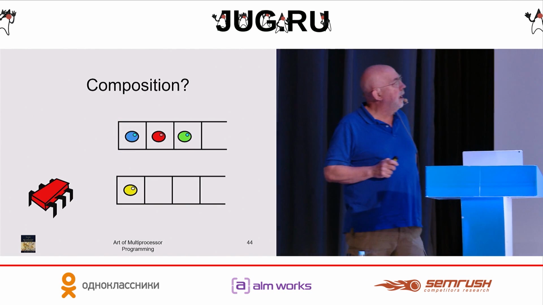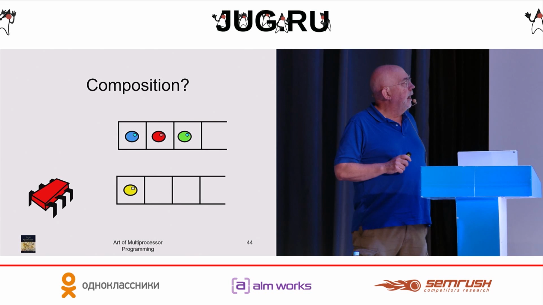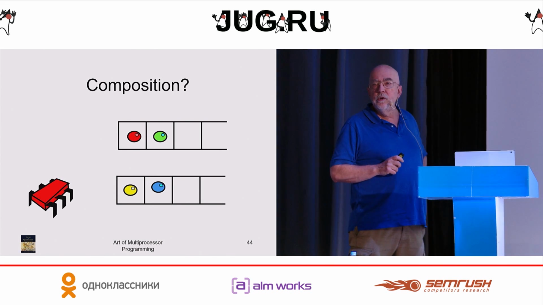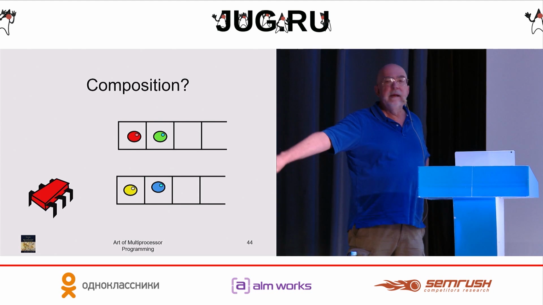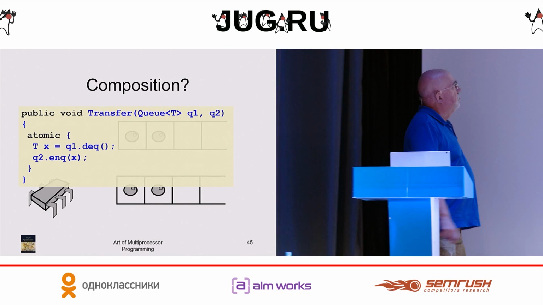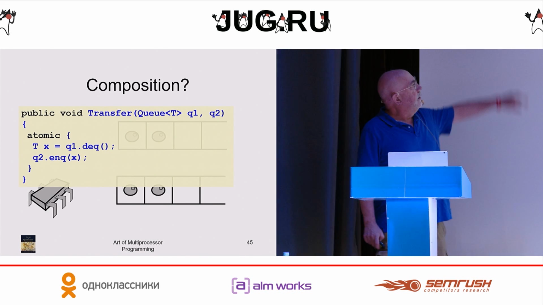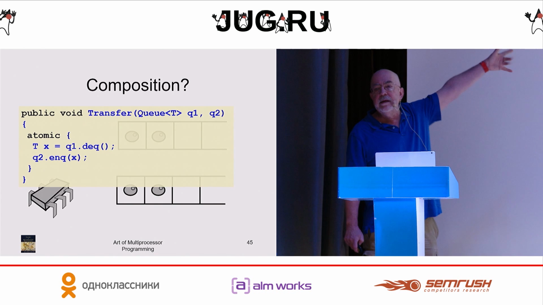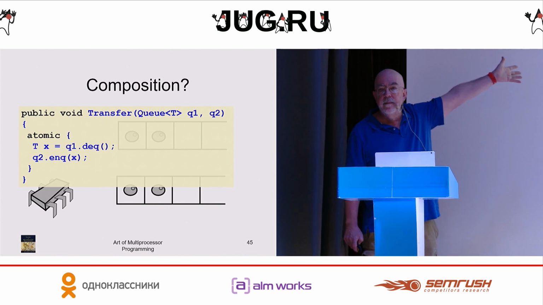Okay, remember our composition problem. I have one queue and I want to move something atomically from one queue to the other queue in such a way that no concurrent thread sees an intermediate state. So this code is actually trivial. I just dequeue from one queue, enqueue on the other one, and I put the entire thing inside an atomic block.